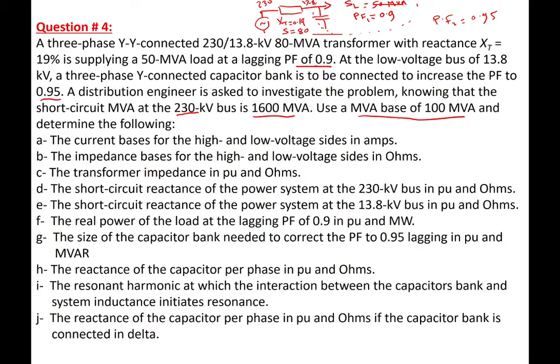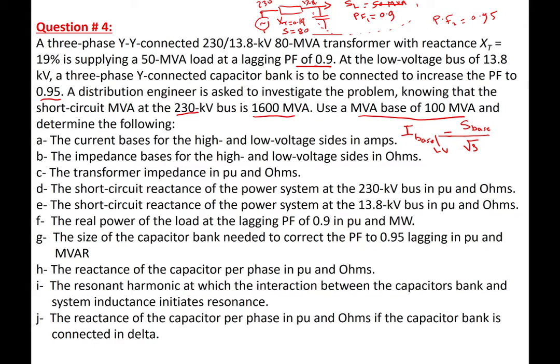Part 1: calculate the current base for the high and for the low voltage side. So we need to calculate the base current. For the low voltage it is equal to S base, which is 1000 divided by root 3 V line.